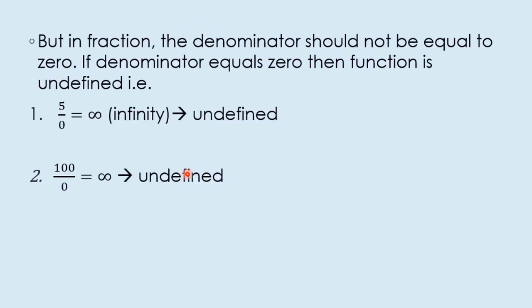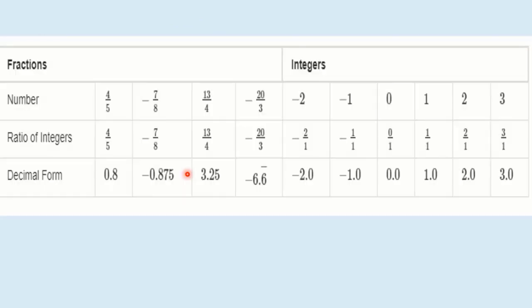Now the integers can also be written in decimal form. Okay, so look here, the integers are what? 0, positive numbers, negative numbers.